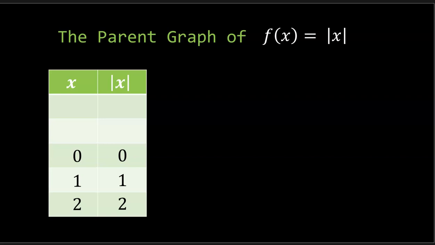And then when you go on the other side of 0 to the left-hand side, when x is -1, the absolute value of -1 is 1 because -1 is 1 unit away from 0, just happened to be to the left of 0. Okay, and then the absolute value of -2 is 2.